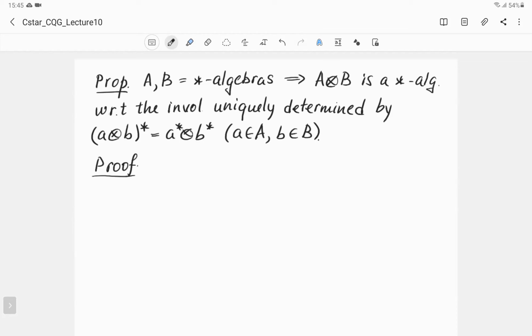And to do this, we use complex conjugate spaces. So the involution on A, let's denote it by IA, is an antilinear map, but it becomes a linear map from A to the conjugate space. This is a linear map.